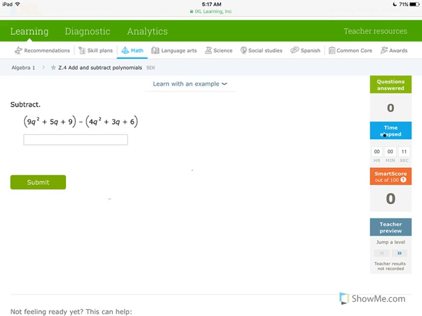So first we'll want to rewrite the problem. So we have 9q squared plus 5q plus 9. And we have to watch out for this negative, so the negative is going to go all the way through, so you're going to minus the 4q squared. So it's going to be minus 4q squared.